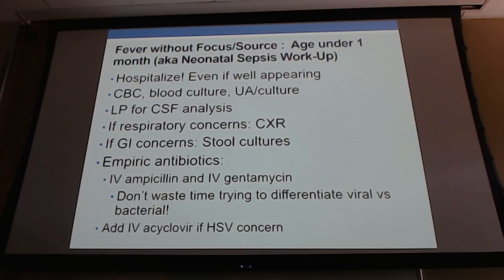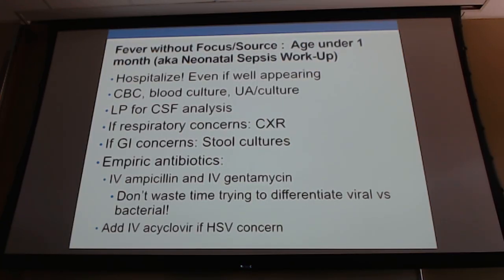Now, what is it that is not automatic? It's not automatic to get a chest x-ray. So that is not part of your automatic workup for a fever. That is going to be if there are respiratory symptoms. So if they have respiratory distress, if they have a cough, if there is something else that you need to add it to, then a chest x-ray. It's not part of your automatic workup.